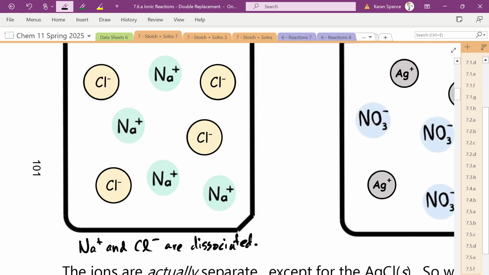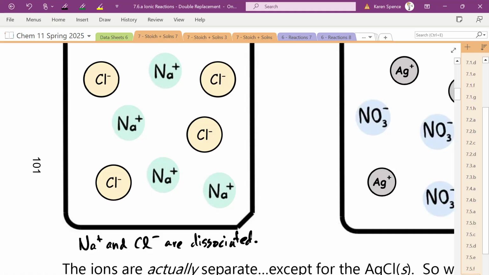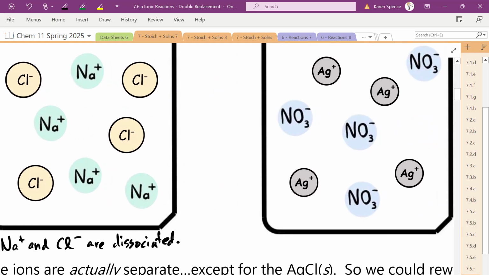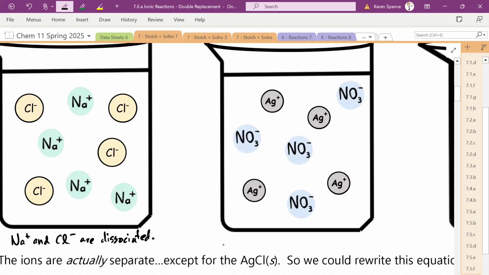Now, how about our AgNO3? Well, AgNO3 is also aqueous, so Ag plus and NO3 minus are dissociated because it is a soluble ionic compound.